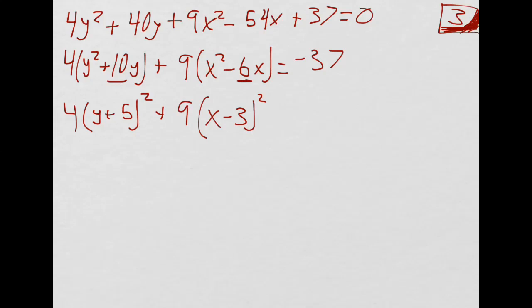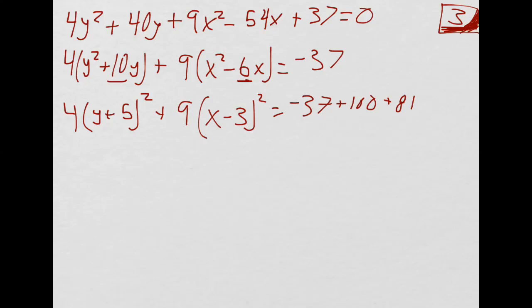Again, just took half of that 6, half of that linear term. Equals negative 37, but from that y term I added 5 squared times 4. 5 squared is 25, times 4 is 100. And from my x term I added negative 3 squared, which is 9, times 9 is 81.